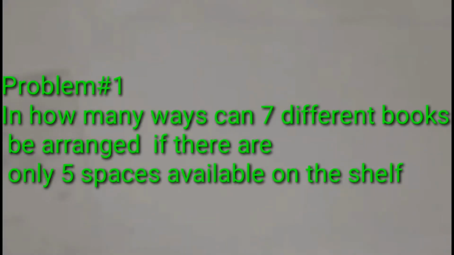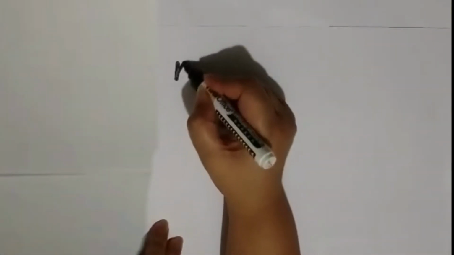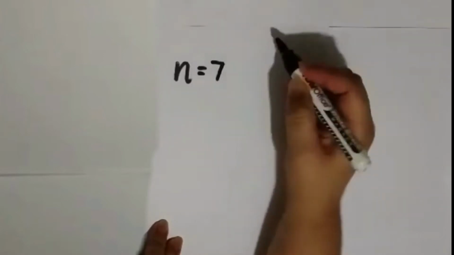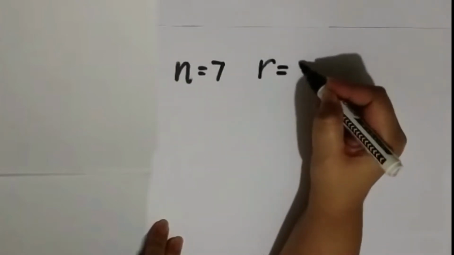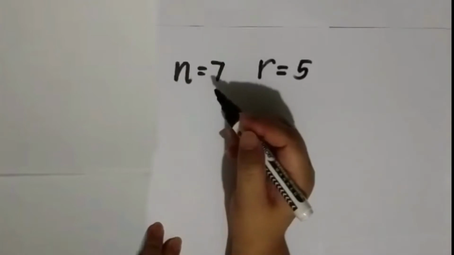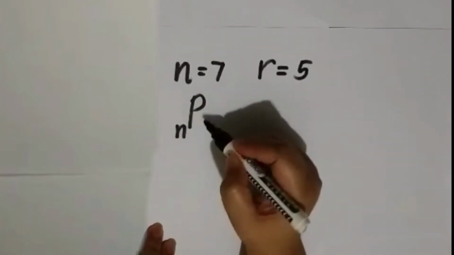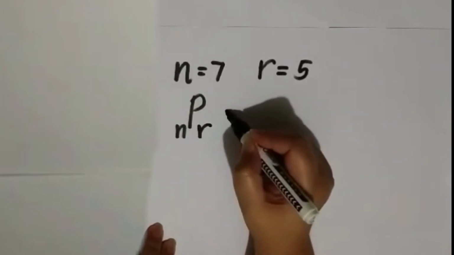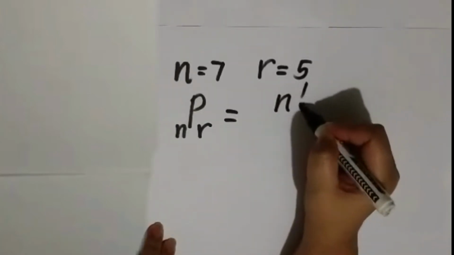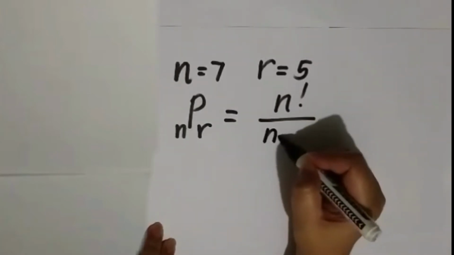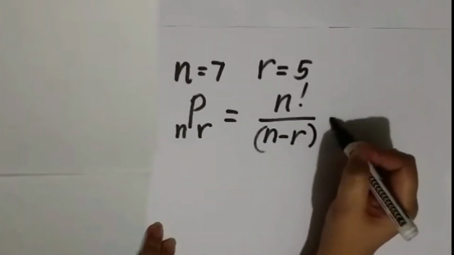Problem. In how many ways can 7 different books be arranged if there are only 5 spaces available in a shelf? In this problem, our n equals 7, our r equals 5. By applying the formula, permutation of n taken r equals n factorial over n minus r factorial.